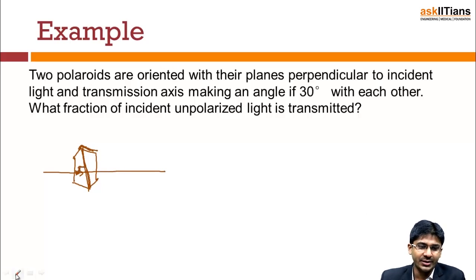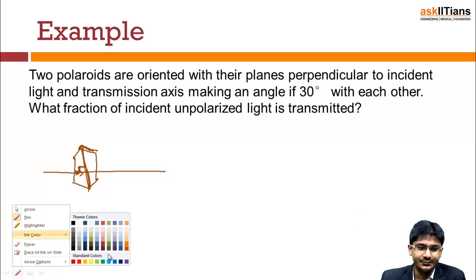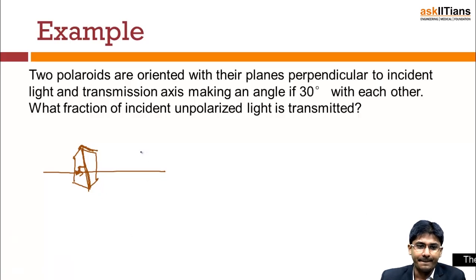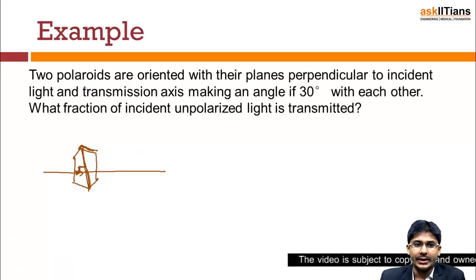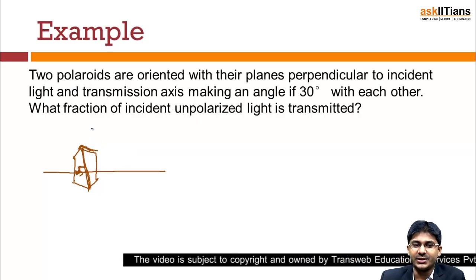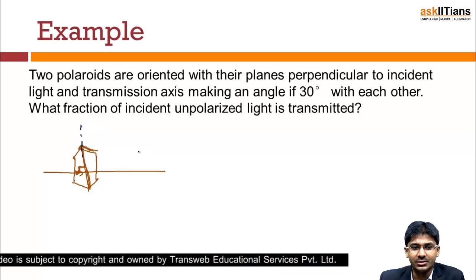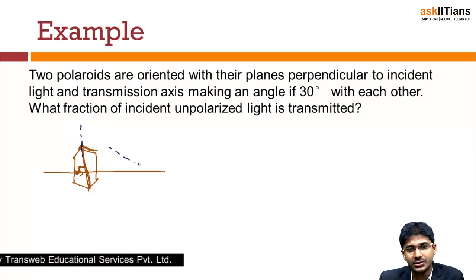Now you have another one which is also perpendicular, but the transmission axis makes an angle of 30 degrees. So if this is one direction, another direction is this.